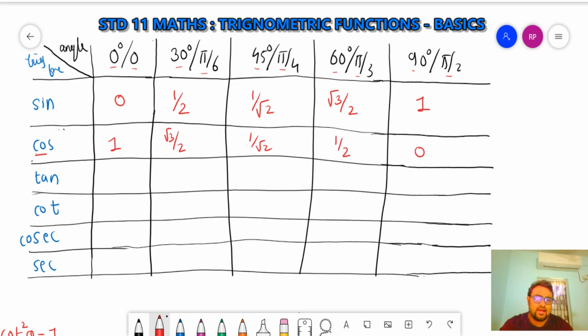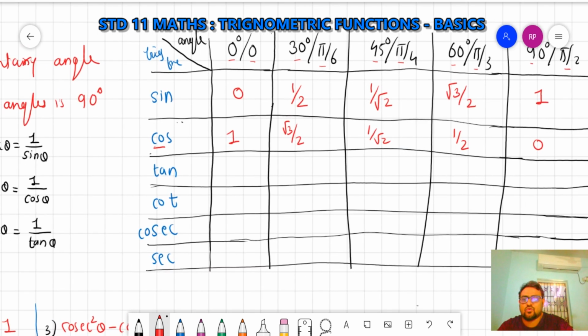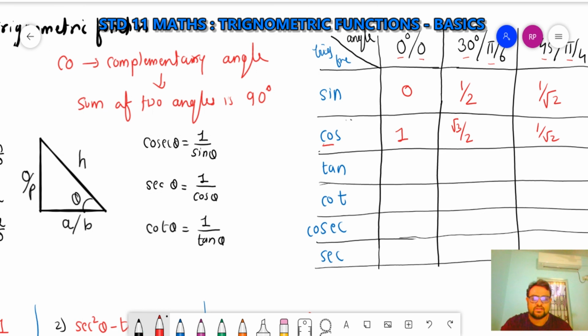Now tan theta. Tan theta is equal to sine theta by cos theta. Clear? The formula for tan theta, I can write it down here. One more formula, tan theta equal to sine theta by cos theta, and cot theta is equal to cos theta upon sine theta.